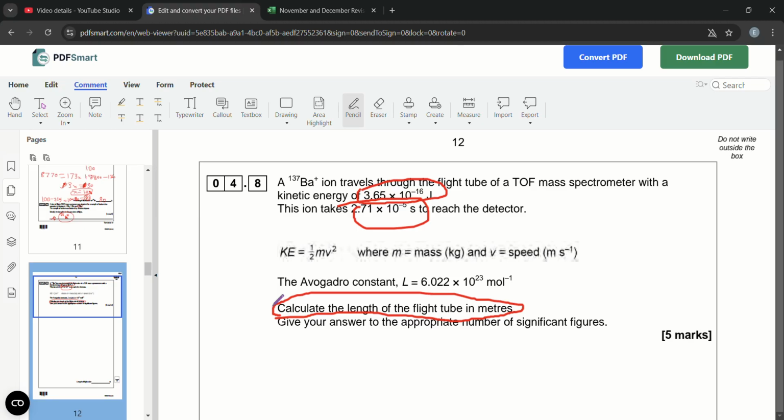We're trying to find the distance, so this is a pretty hard question, we just need to find the first step.